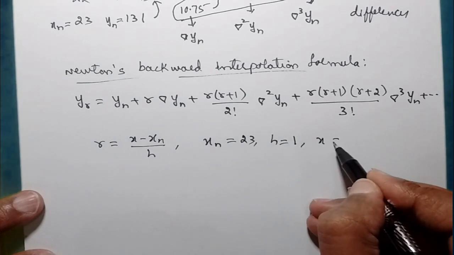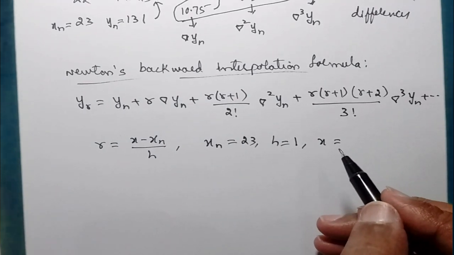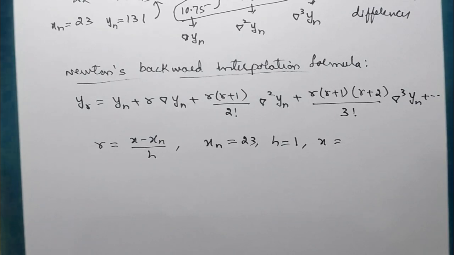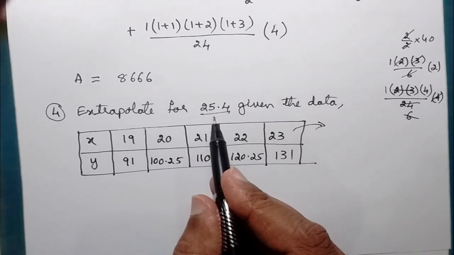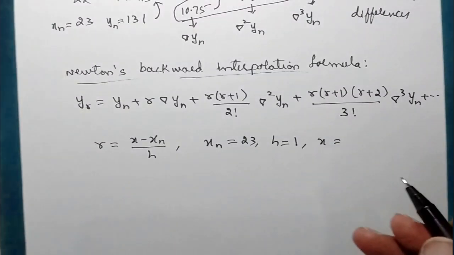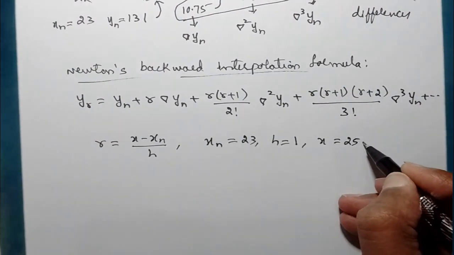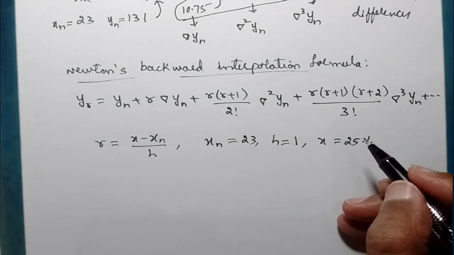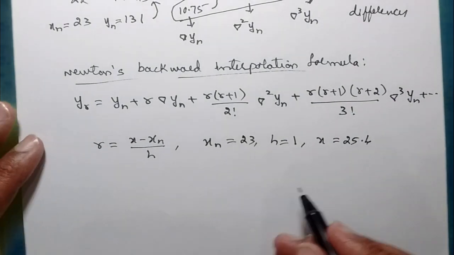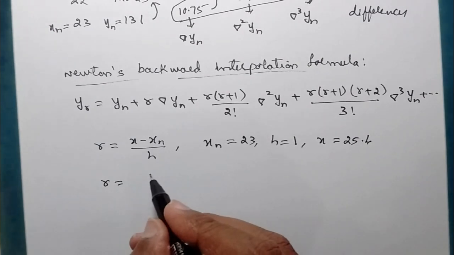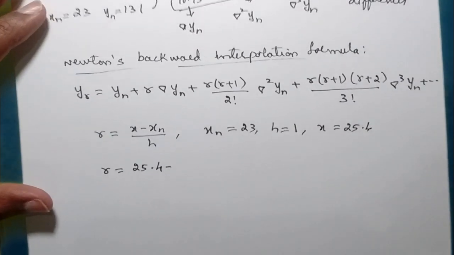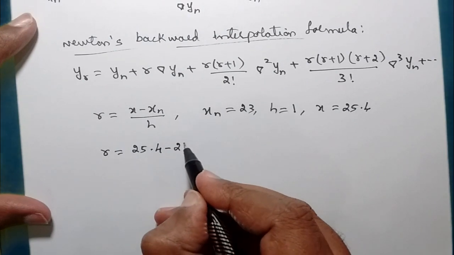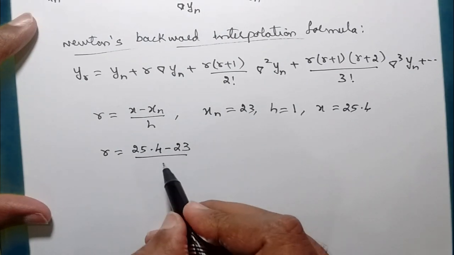And at what point do we have to calculate? Go back to the question. He says extrapolate at 25.4. See the question. Extrapolate for 25.4. So this is the value of x he has given. So the x value will be 25.4. Now if you plug in these values here, r equals x, 25.4, minus xn value, 23, divided by h value, 1.